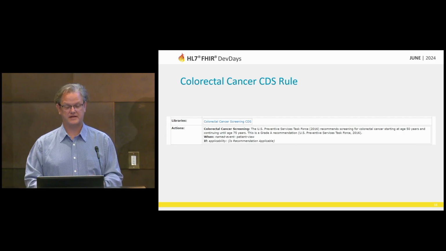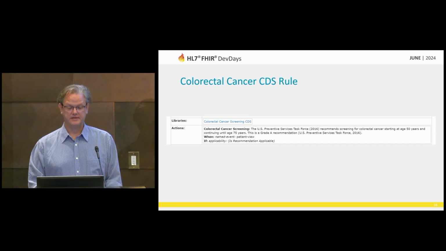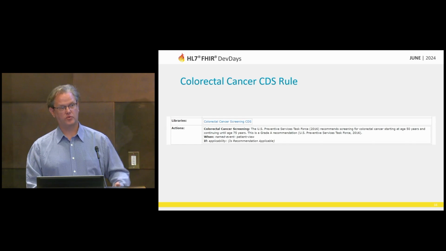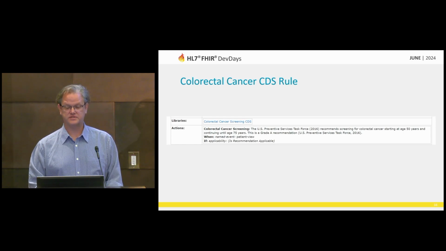It runs that expression, is recommendation applicable? And if that evaluates to true, then display the message, U.S. Preventive Task Force Services recommends screening for colorectal cancer. And this happens on the named event patient view. So when you're in a workflow and patient view fires, this comes in on a CDS hooks request.